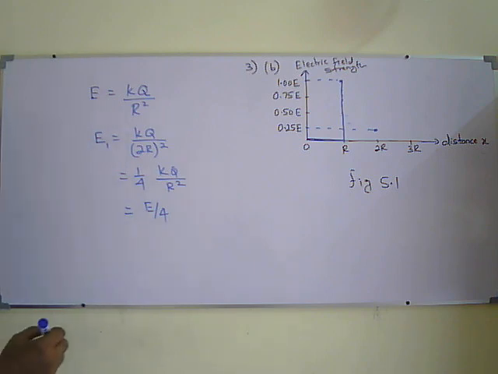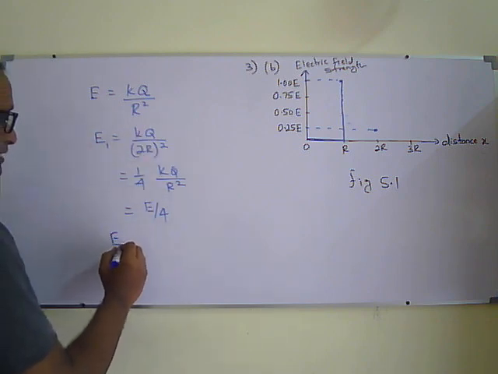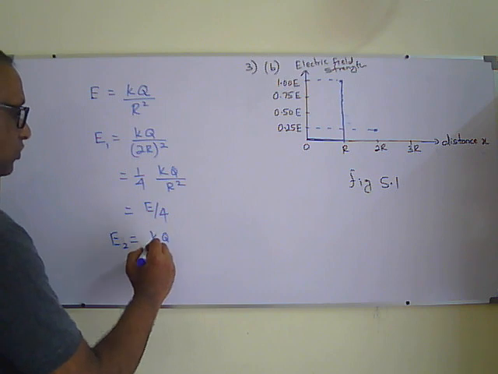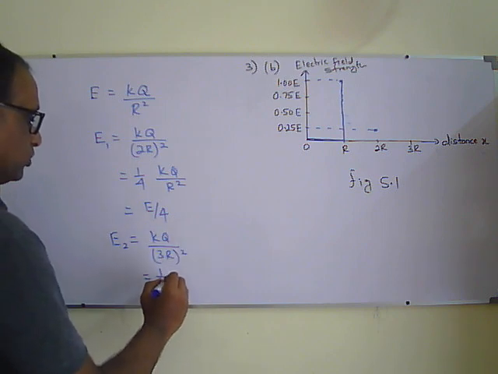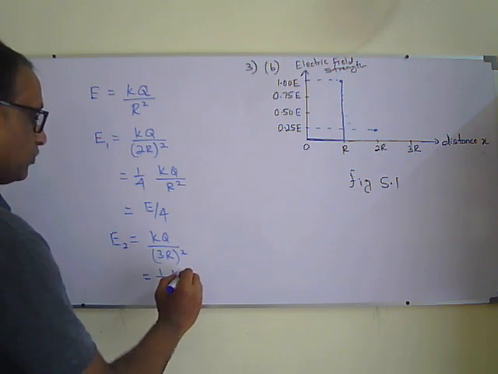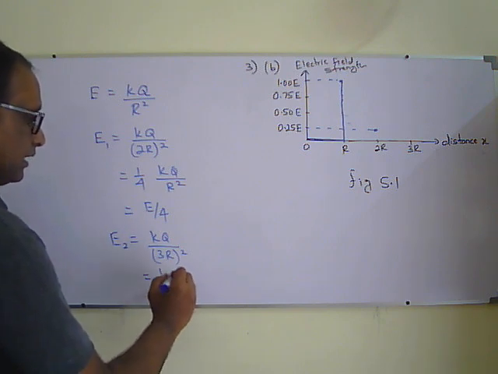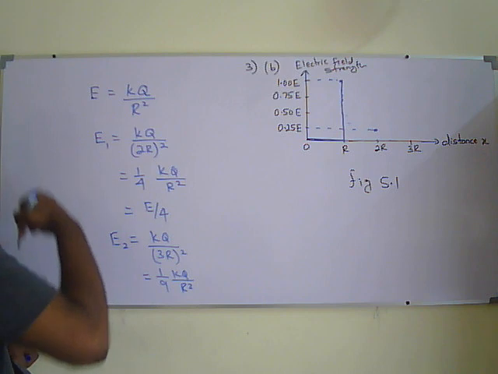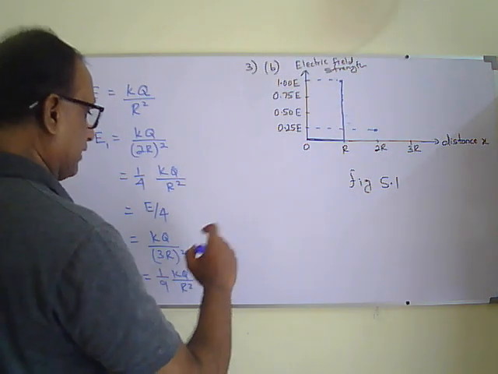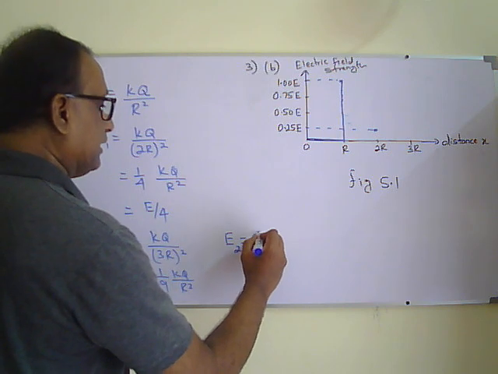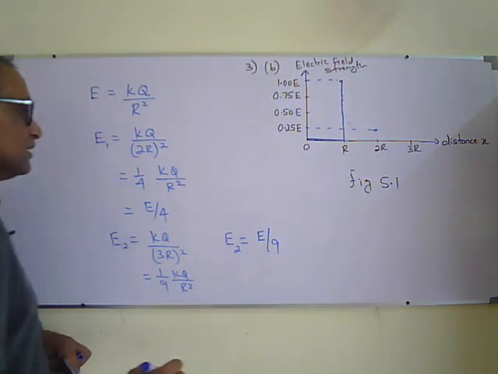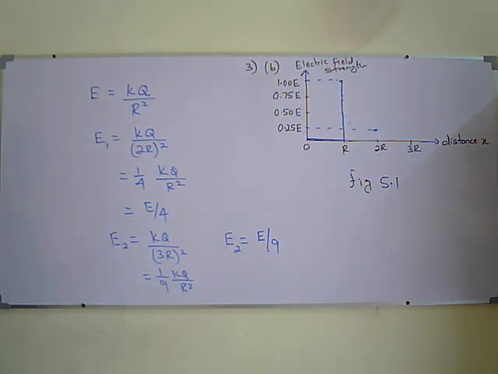Same way, at 3R, I can say E2 is equal to KQ over (3R) all squared. That's going to be 1 over 9 of KQ over R squared. KQ over R squared, I can substitute E. So at 3R distance from the center, E2 will be E by 9. So E by 9, we can take it, it's almost equal to 0.11.